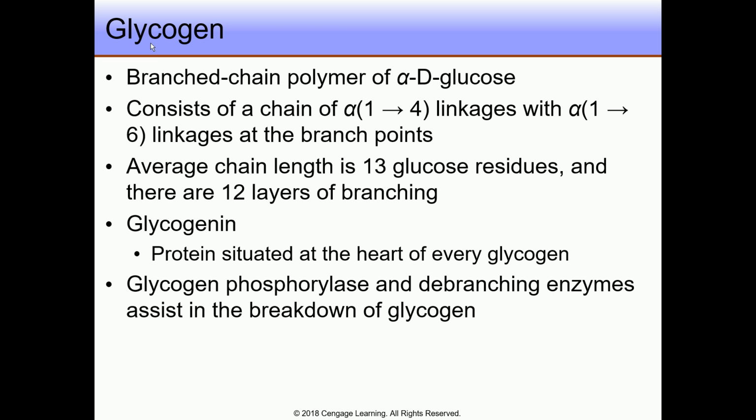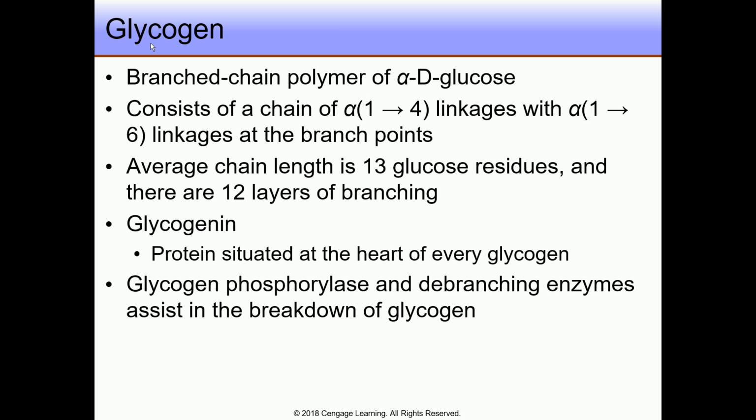Just like starch is a polysaccharide made of multiple glucose molecules, similarly glycogen is also a polysaccharide made of glucose. And glycogen, just like amylopectin, is highly branched.